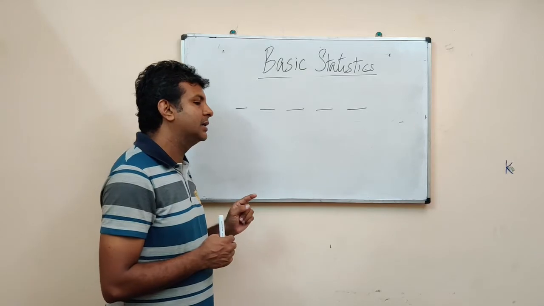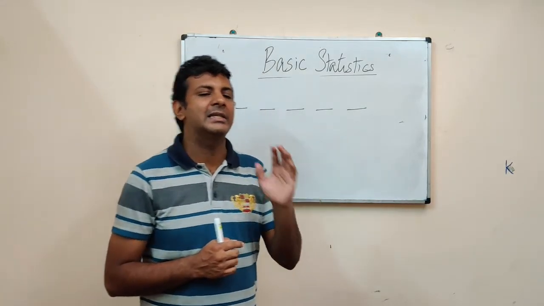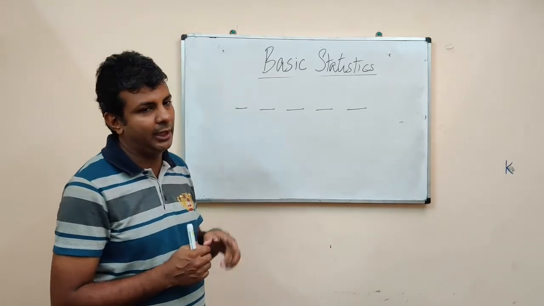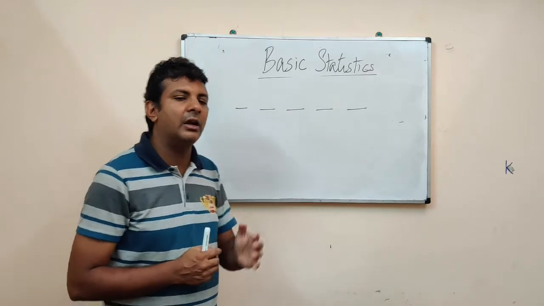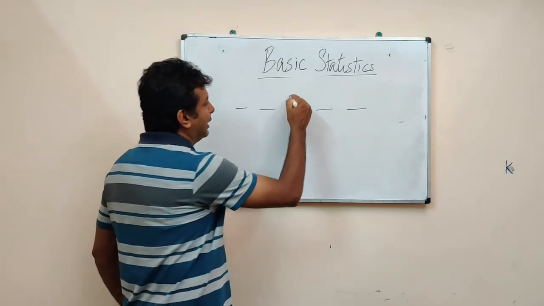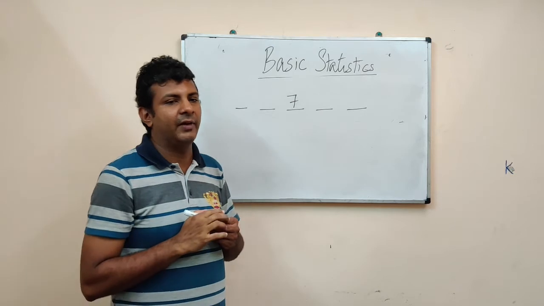But in case the number of numbers in a set is odd, then the middle term is the median. Once we have understood that, we will put that value here, 7. We know that the median value is 7.